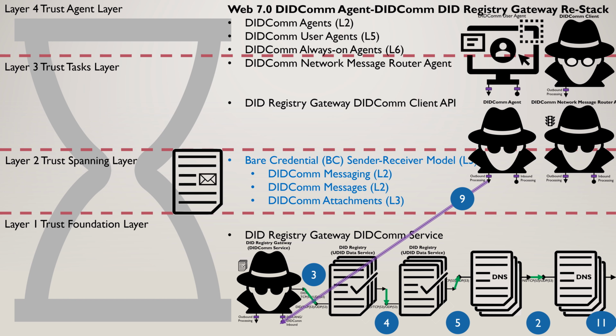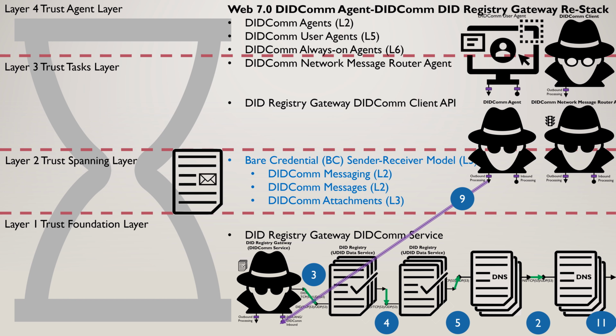meet the conditions or the intent of the level 2 trust spanning layer. We can see the different kinds of agents above layer 2. They're using the bare credential sender receiver model to access the DID registry gateway DIDComm service. They're using DIDComm connection number 9 to do that.